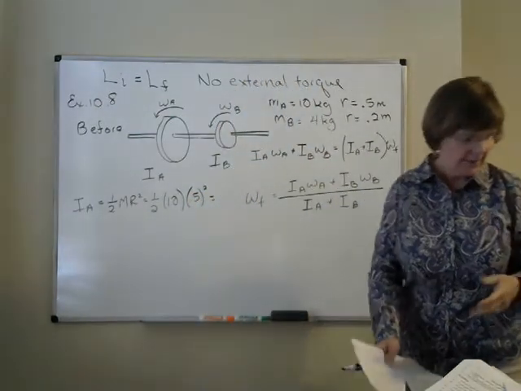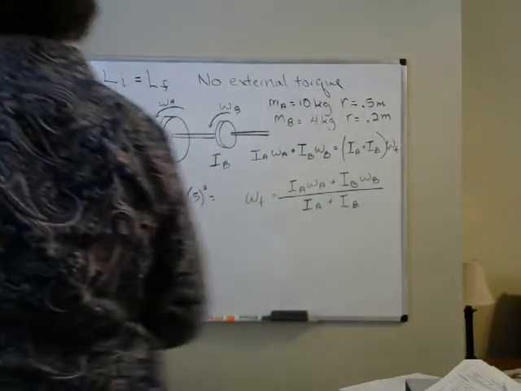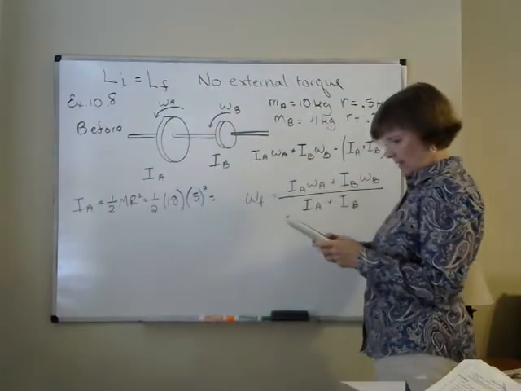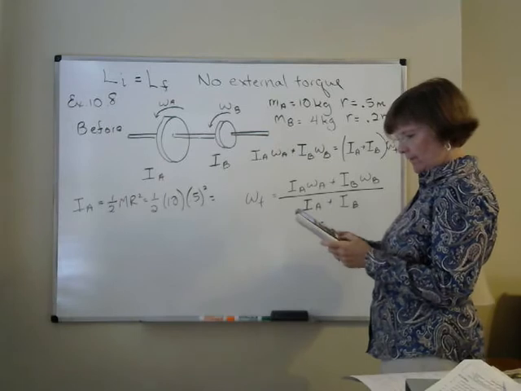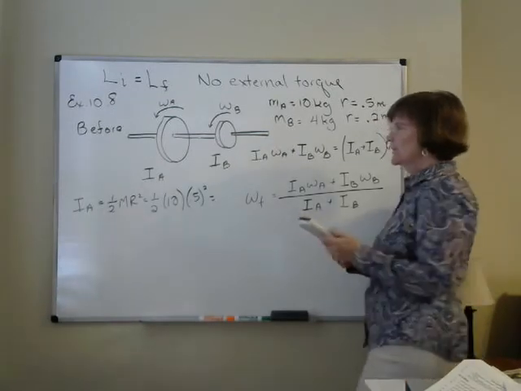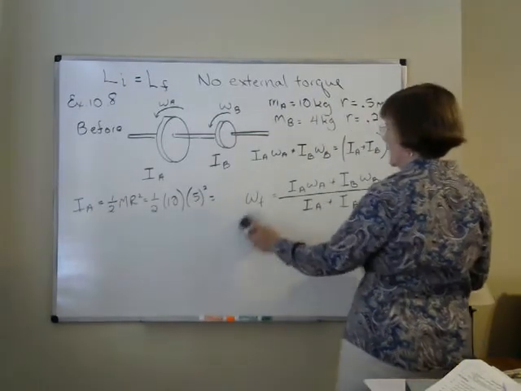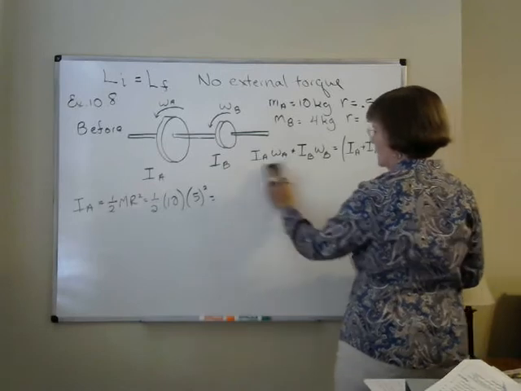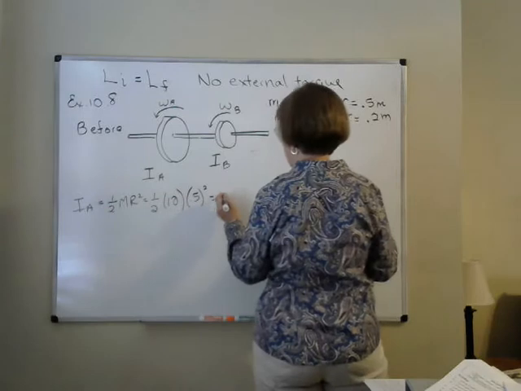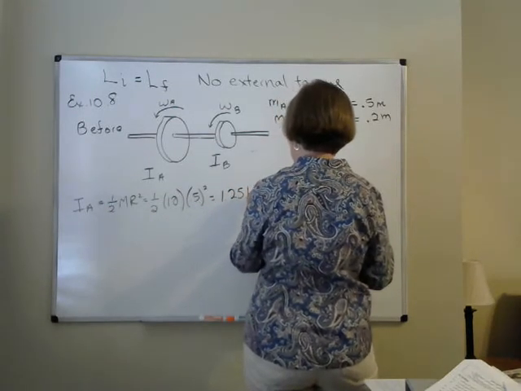And I'm making this up as I teach you, so I'm going to grab a calculator. 0.5 times 10 times 0.5 squared comes out to be 1.25. We're going to assume we have 2 digits on everything, so I'll carry everything to 3 digits: 1.25 kilogram meters squared.